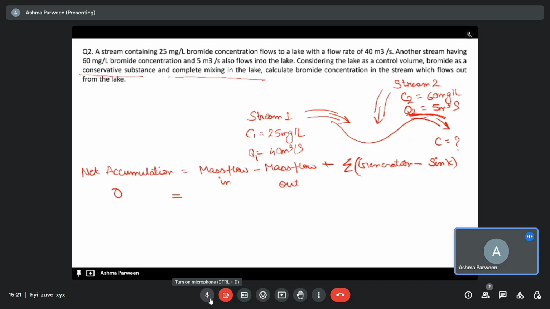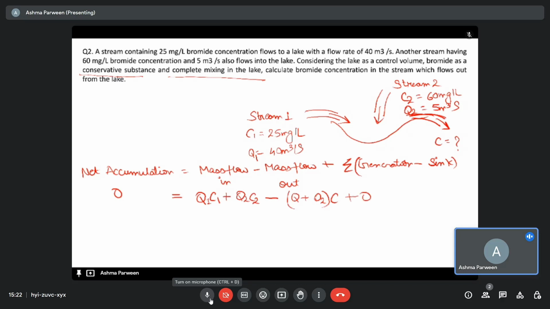If we see the mass flow in, the first stream has flow Q1 and concentration C1. The next stream is Q2, C2. Minus, we have to find the mass flow out. So the flow rate will be Q1 plus Q2, and let us assume the concentration coming out to be C. And since it is conservative, there will be no generation and sink, so it will be 0.